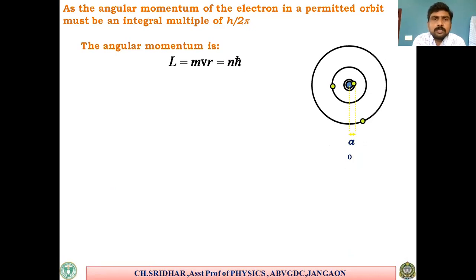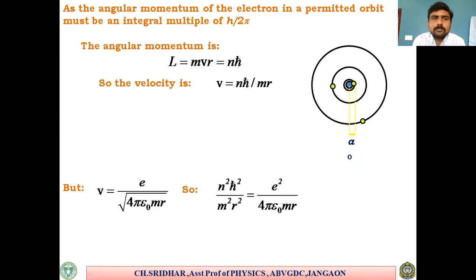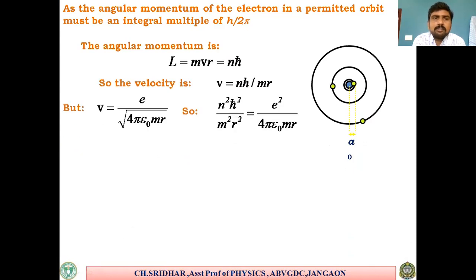Using the two relations, we can write the expression for the velocity as v is equal to n h cut by mr, and v is equal to e by under root 4 pi epsilon naught into mr. This is from the centripetal force condition, the first condition.